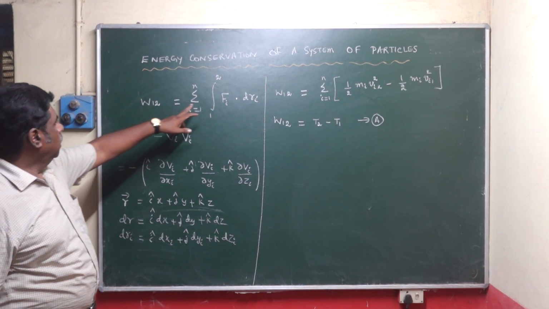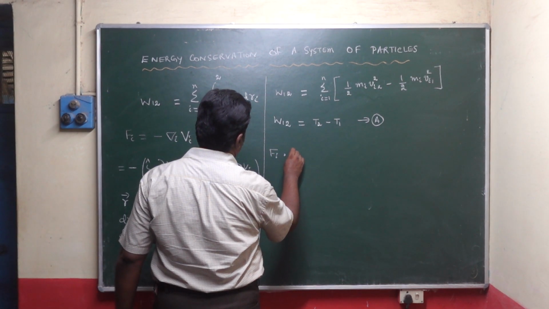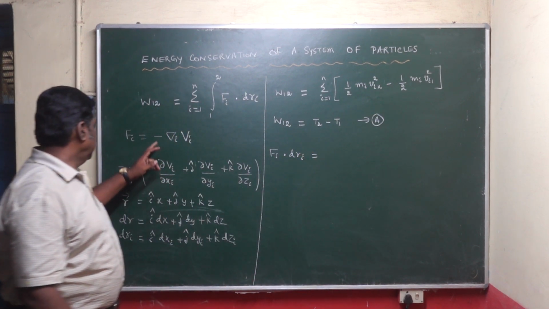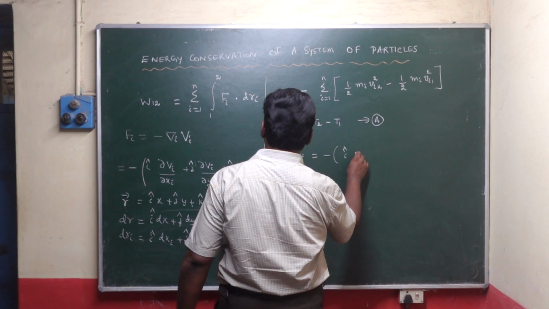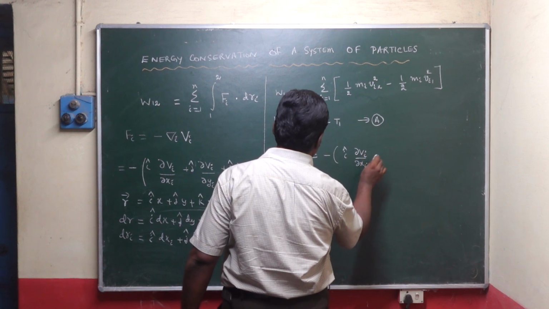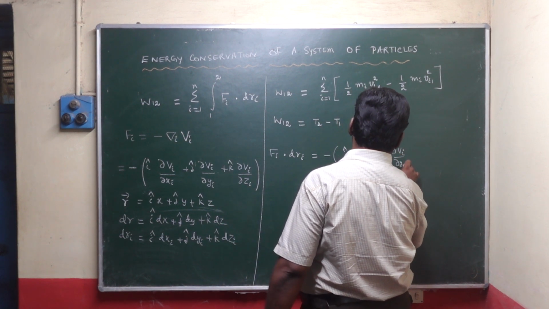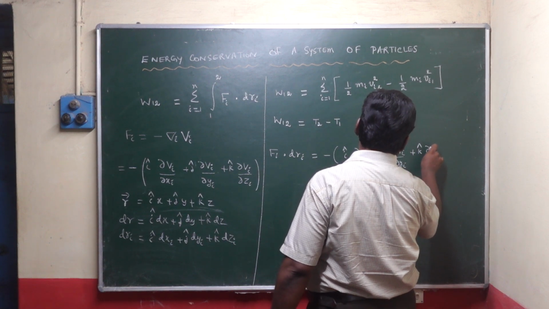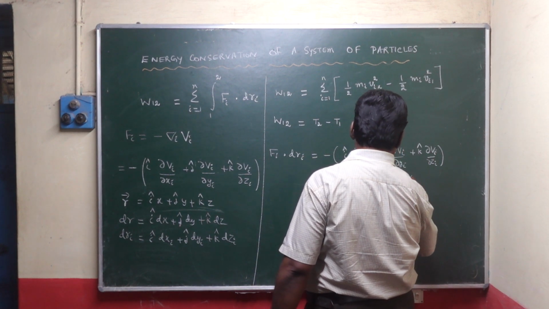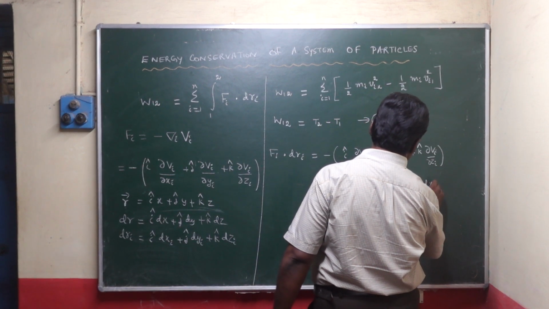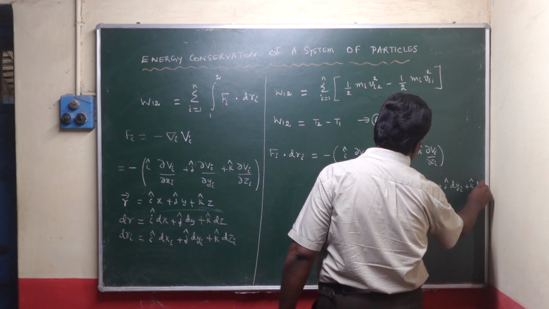If you take the value of Fi · dri, take the dot product between these two: minus i ∂Vi/∂xi plus j ∂Vi/∂yi plus k ∂Vi/∂zi, dot i dxi plus j dyi plus k dzi.